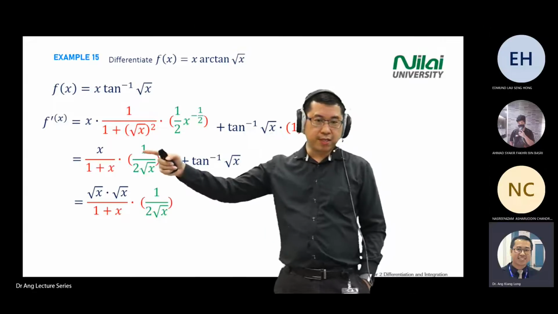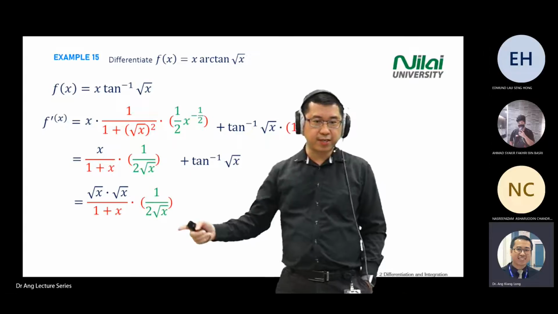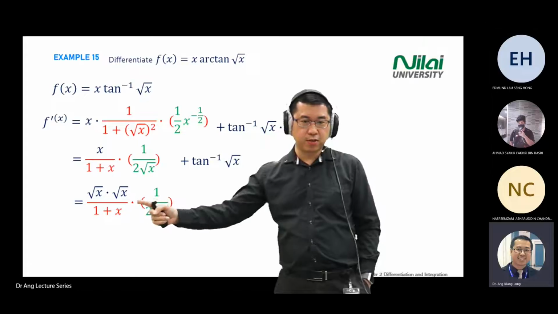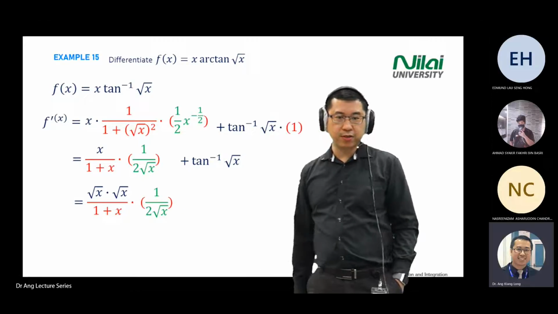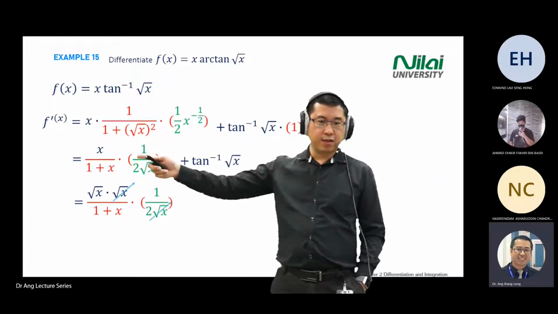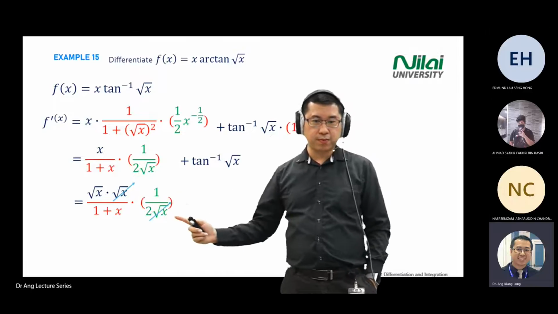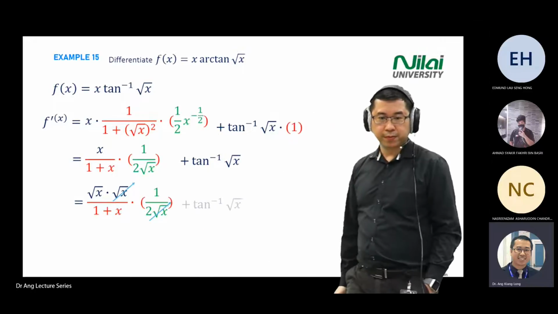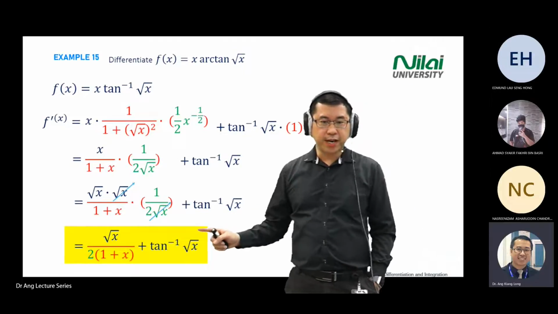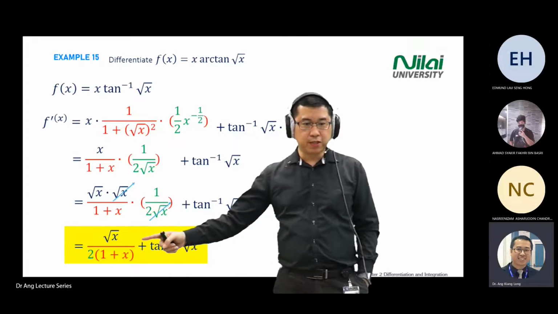Okay, the blue color x, you can write as square root x multiplied by square root x, you still get x. The purpose of doing this is because we want to cancel square root x with square root x. Then this will be the perfect answer for this question, the simplest form.